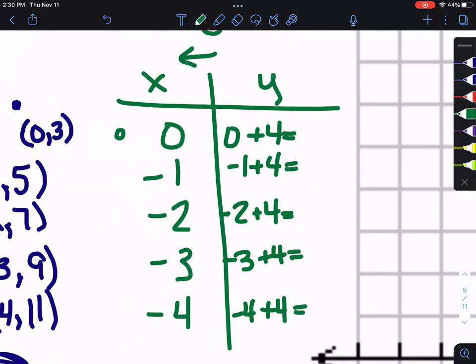So we're going to find all of these Y values. So 0 + 4 is 4. That's going to give us the ordered pair 0, 4. -1 + 4 is 3. So we're going to have the ordered pair -1, 3.